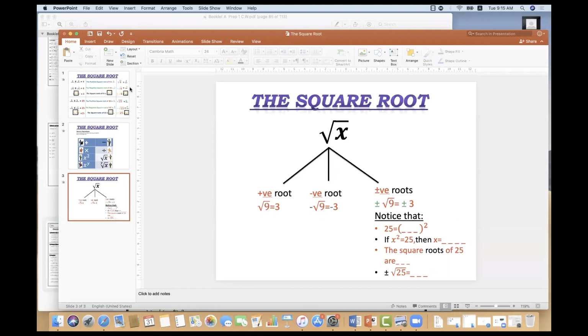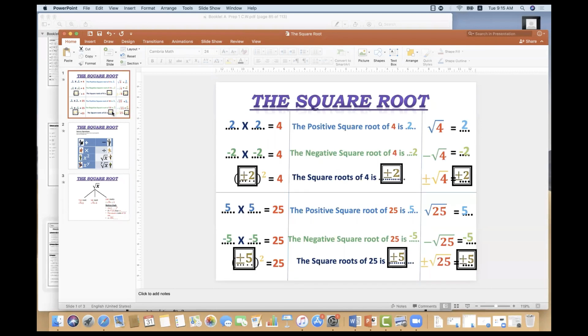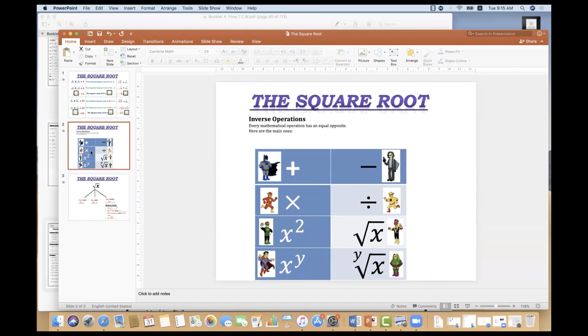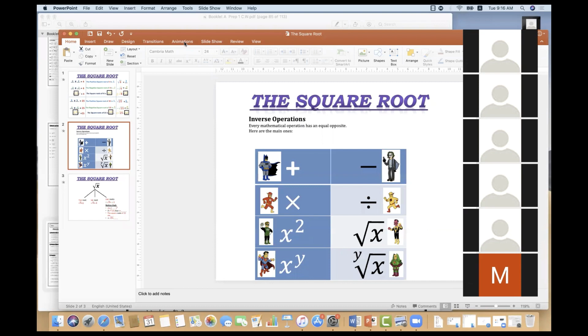Okay, now the next thing I need to remind you about is the square root. What about the square root? The square root, as we know, is the opposite operation of the square. So let me show you.